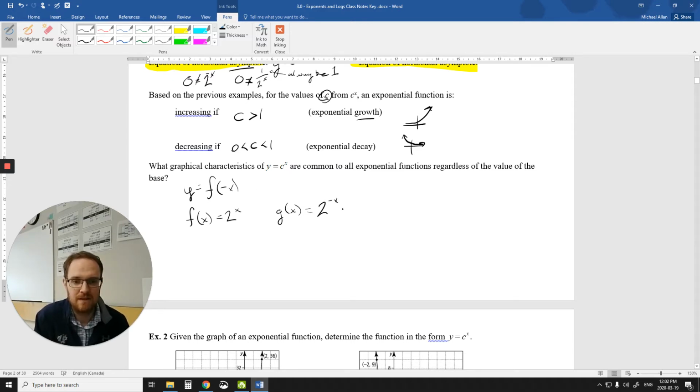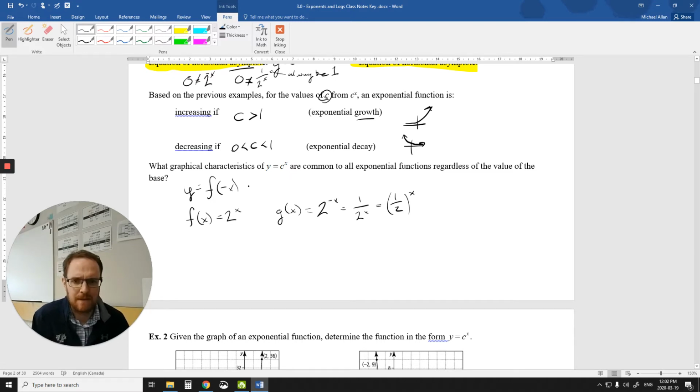So we get 2 to the power of negative x, and this will be 1 over 2 to the x. And if you want to, you can write this as (1/2) all to the power of x. So you can bring that exponent out, because 1 to the power of anything is just going to be 1. Since they're both being divided and they both have the same exponent, we could just group them together.